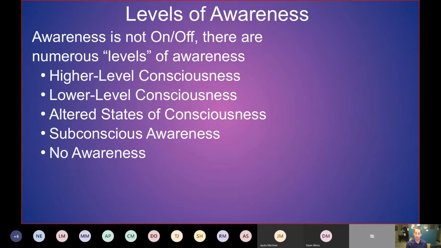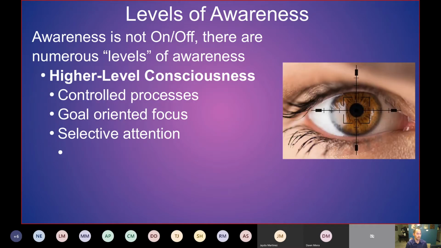So some drugs or sleeping or being more focused might lead you to some higher, lower, or even altered states of consciousness. So when we're thinking of higher level states of consciousness, that's usually more controlled processes, things that you are focused on, goal-oriented things, selectively attending to certain things.